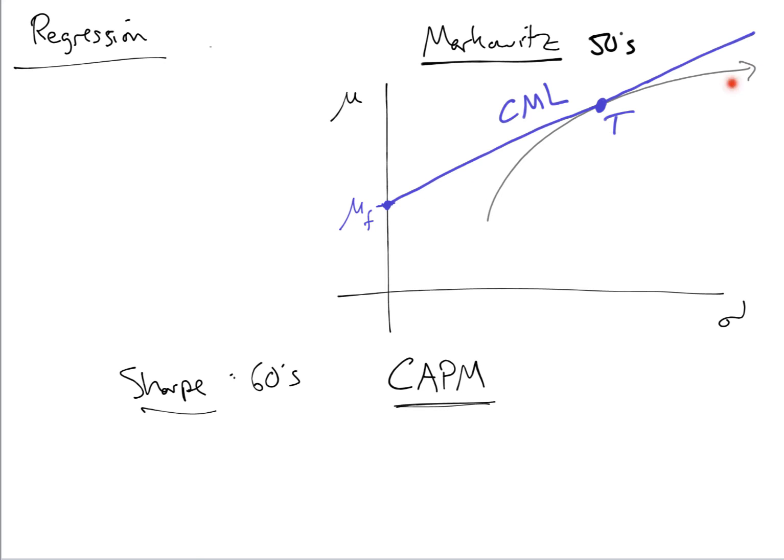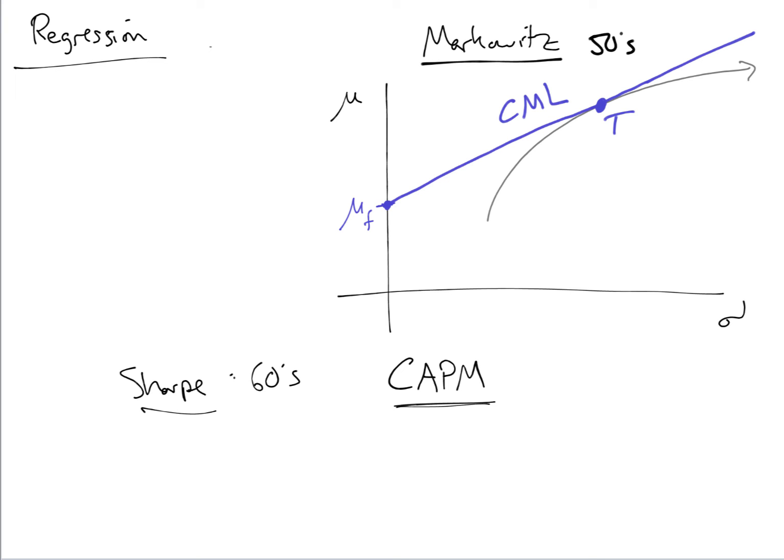It's completely built on this framework of efficient investing. And so we need everything that we built here to actually study CAPM properly. It is 100% built on this framework and the assumptions underneath this Markowitz framework.